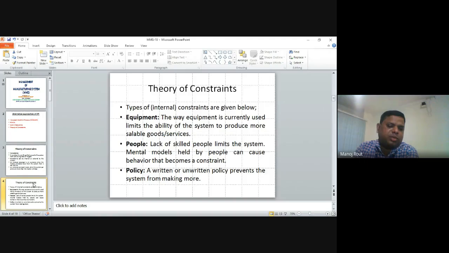The last one is management policy. A written or unwritten policy prevents the system from making moves. Take the example of the automotive company Chevrolet. Why did Chevrolet vanish? It happened due to cultural influence by the people of India.